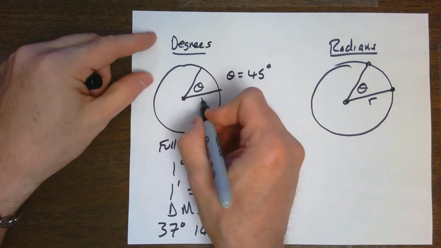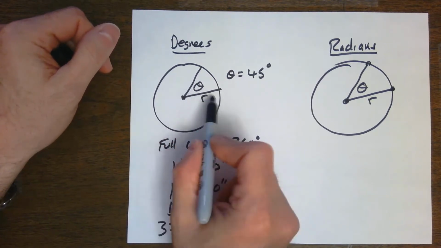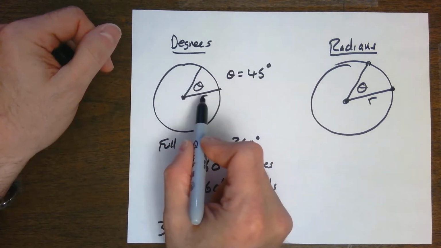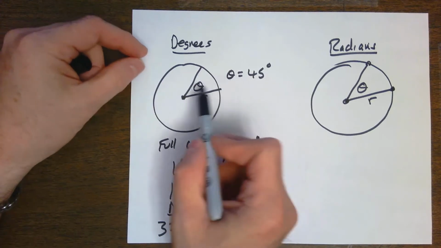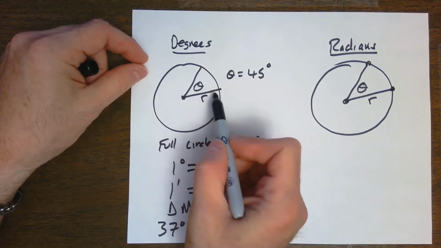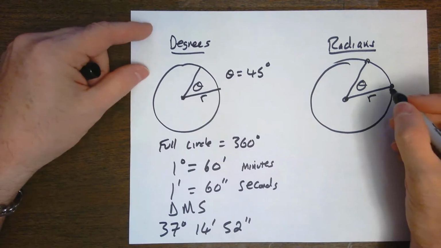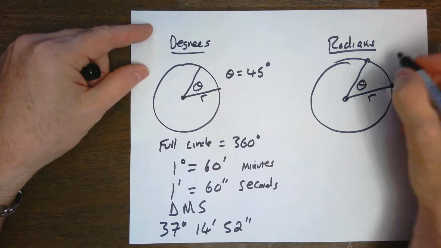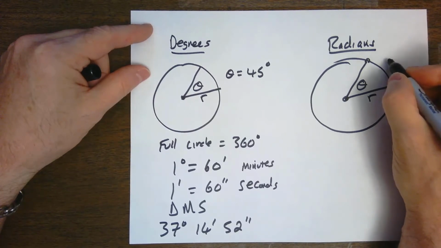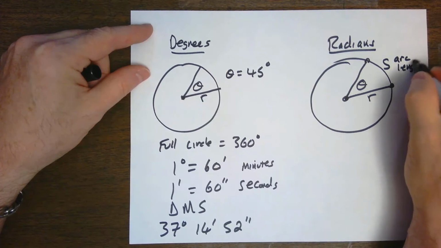I mean, I have a radius here as well, but the radius didn't come into any of the calculations for the degree. It doesn't matter what the radius is. I could have a 45-degree angle on a circle with a radius of 10, or a 45-degree angle on a circle with a radius of 1. It doesn't matter. But here it does, because I've got radians and arc length. S is arc length.